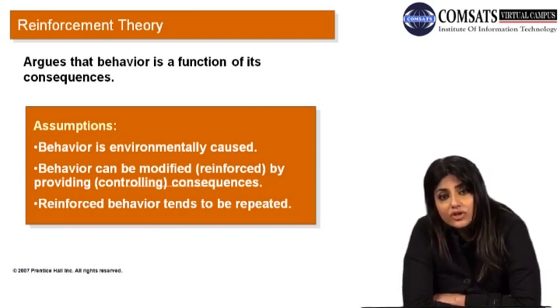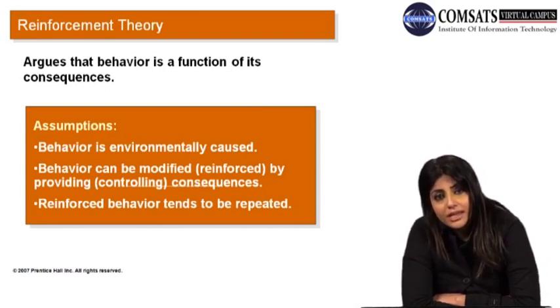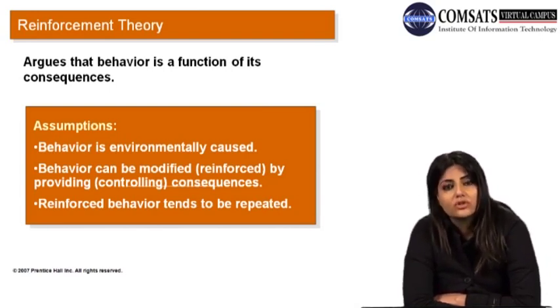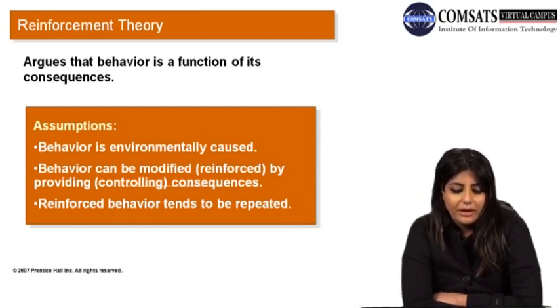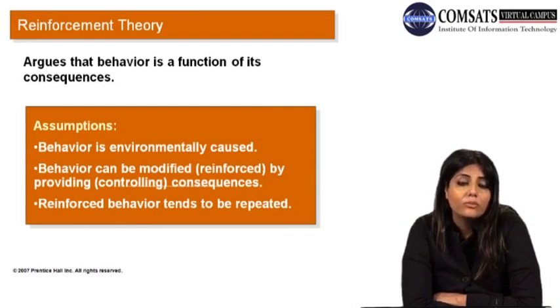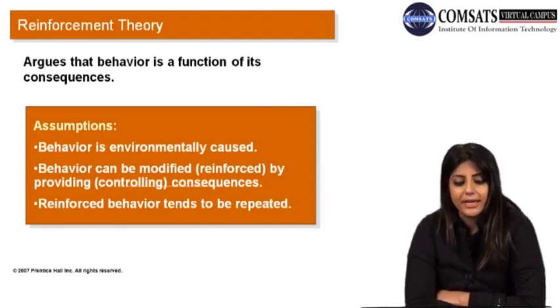Certain actions by the employer can lead to the modification of employee behavior. The theory states that when the employer exercises his controlling behavior time and again, then this reinforced behavior will also be repeated time and again.